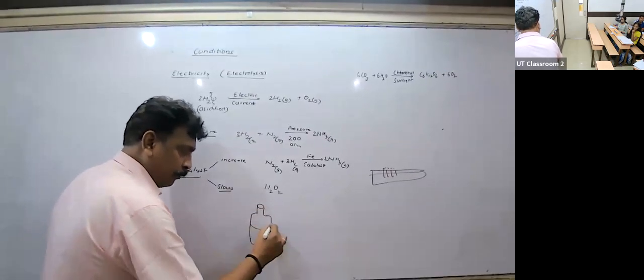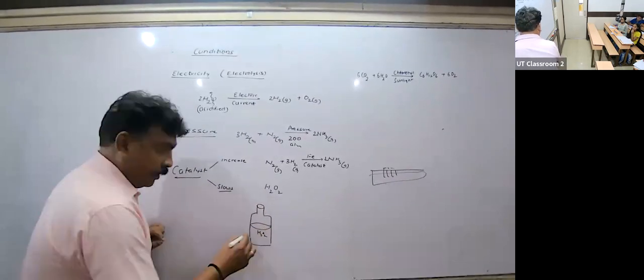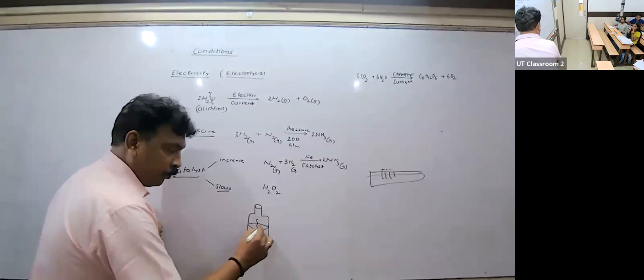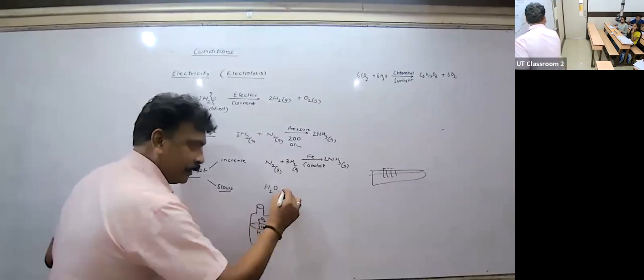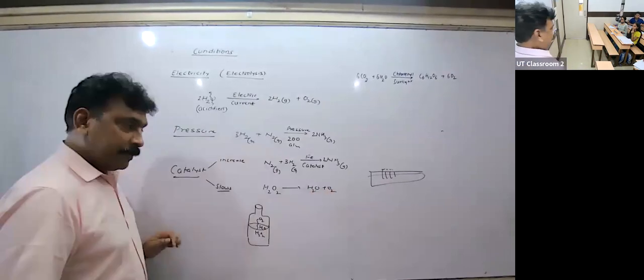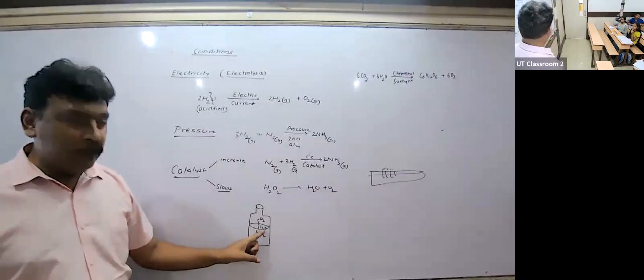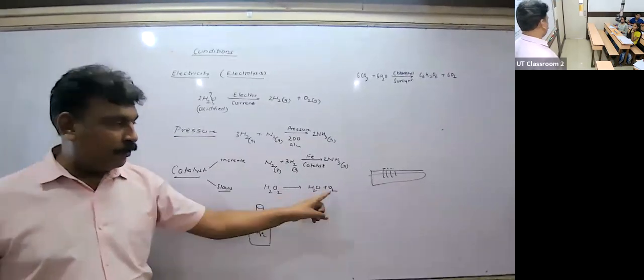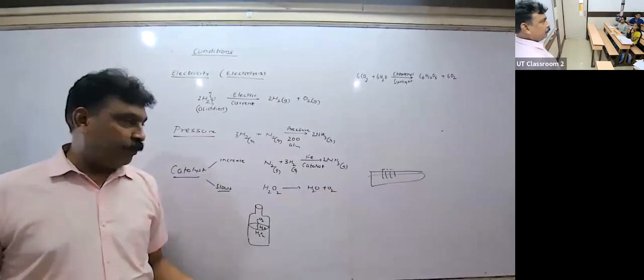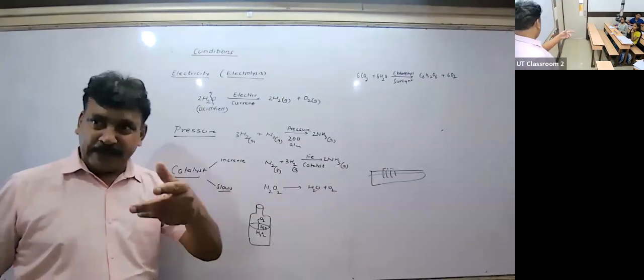And the H2O2 in your bottle, over a period of time, decomposes into water and oxygen. That means it decomposes into H2O and oxygen. That saloon person, when he applies on your hair, he's just applying water because it has already decomposed into oxygen and water. So bleaching बराबर नहीं हो रहा है hair का, ये color जो आपको चाहिए था.